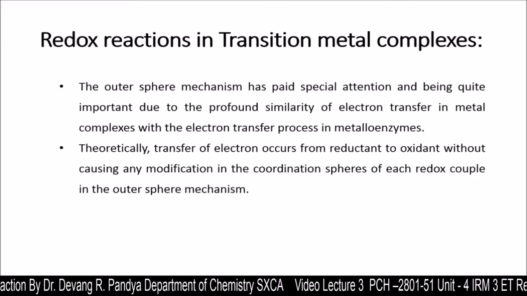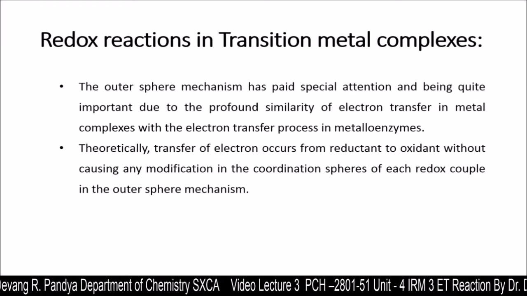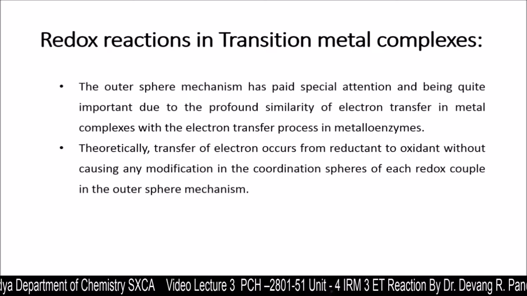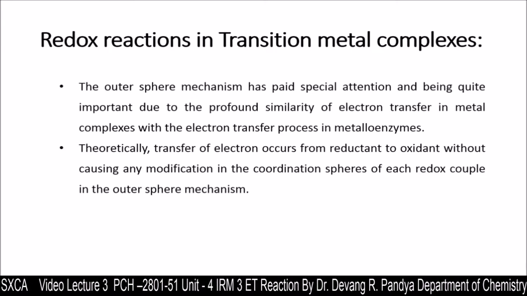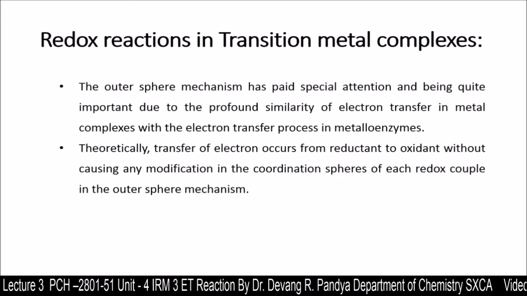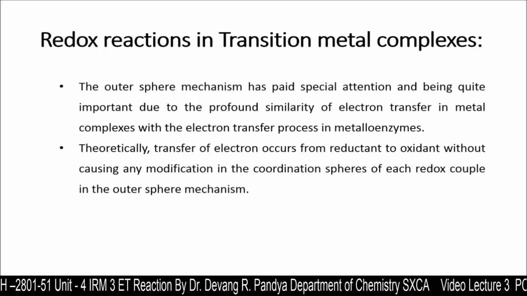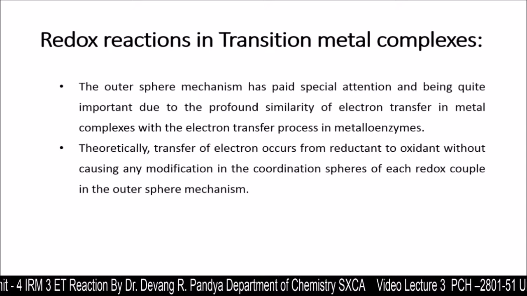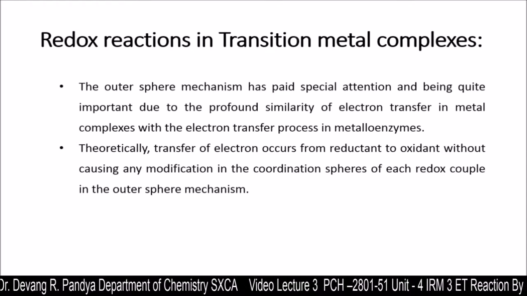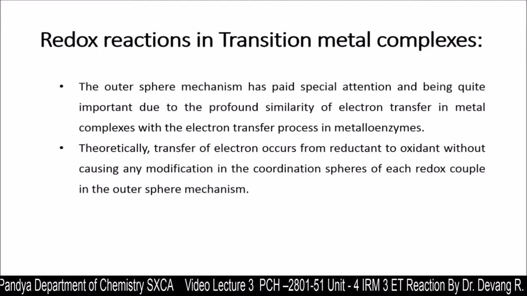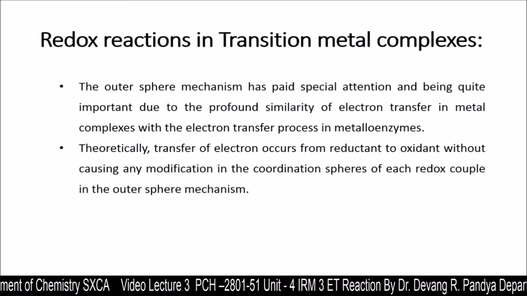Theoretically, transfer of electron occurs from reductant to oxidant without causing any modification in the coordinating spheres. That means there is no change in the spectator ligands which are already present in the coordinating sphere of the metal, and therefore there is no modification in the coordinating sphere of each redox couple in the outer sphere mechanism.